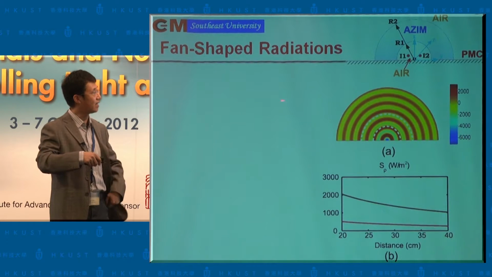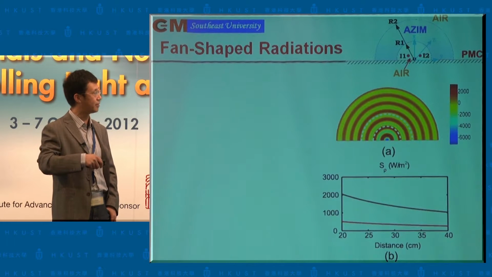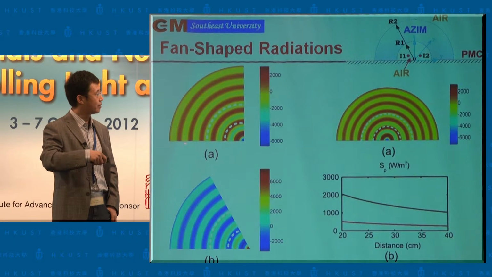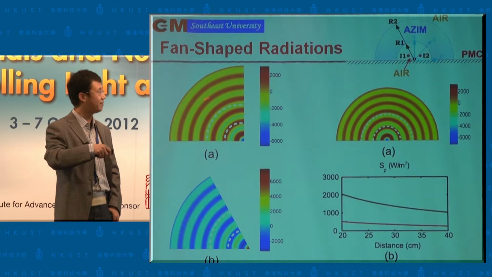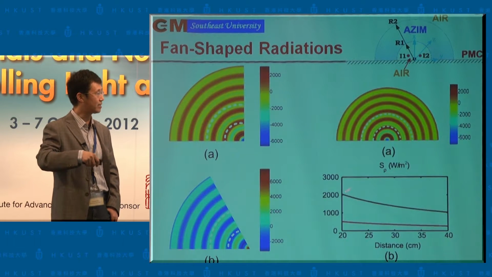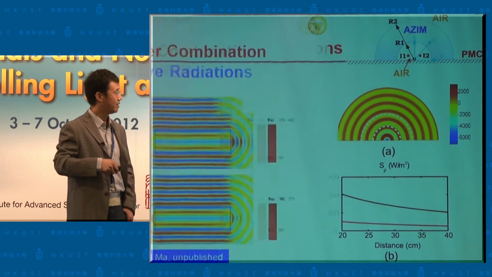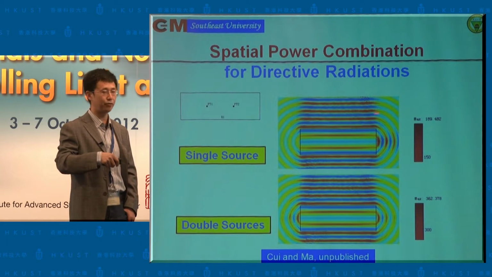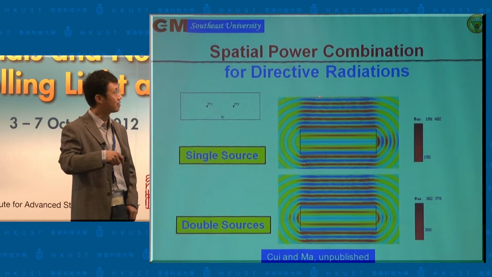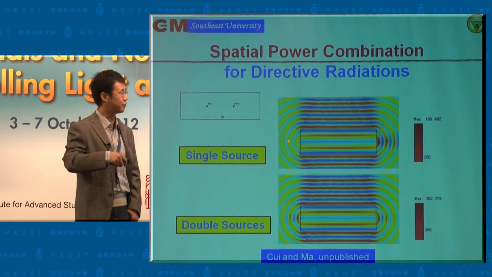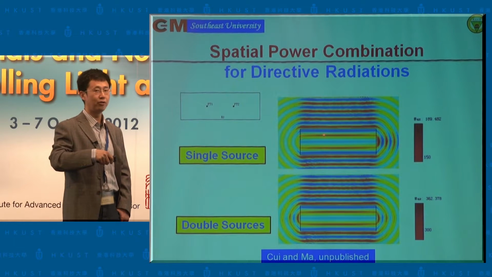So using such zero-index metamaterial, when we put a PMC on the boundary, we can realize any fan-shaped radiation. And such radiation also has the power combination. Even for the previously introduced Cartesian coordinate isotropic zero-index metamaterial, we still realize the power combination.